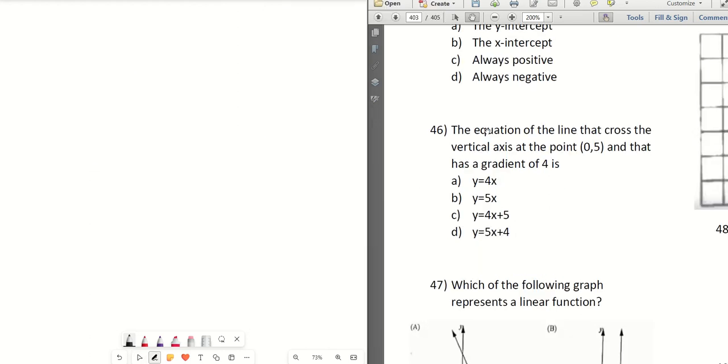So number 46: the equation of the line that crosses the vertical axis at the point (0, 5) and has a gradient of 4. First off, y is equal to mx plus c. It's a gradient, so y is equal to 4x plus c. We said that the vertical axis is your y-intercept, and c is also known as your y-intercept, so that is 5.